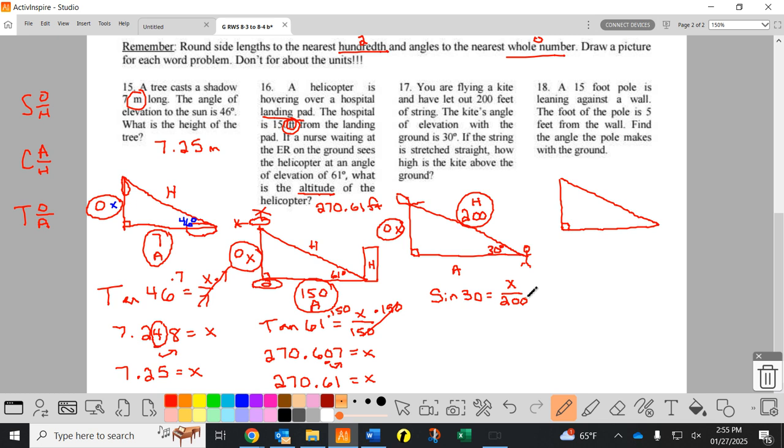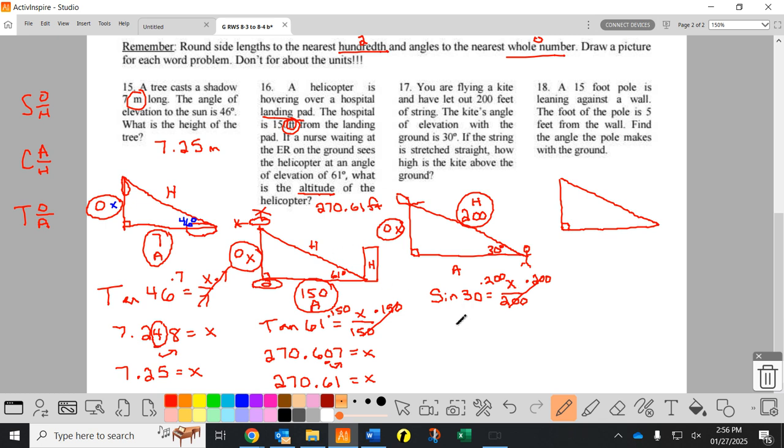To get that 200 off the bottom, we would multiply both sides by 200. That lets me cancel that out. And then I need to type what's here on the bottom. So clear it out. It's going to be 200 times sine 30 equals.